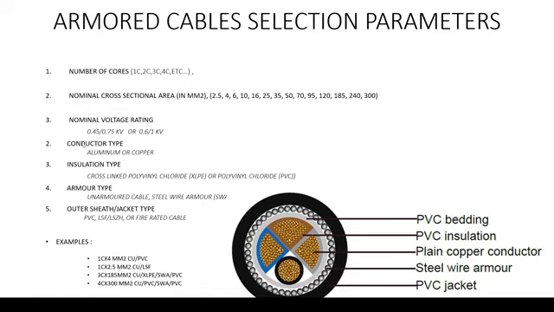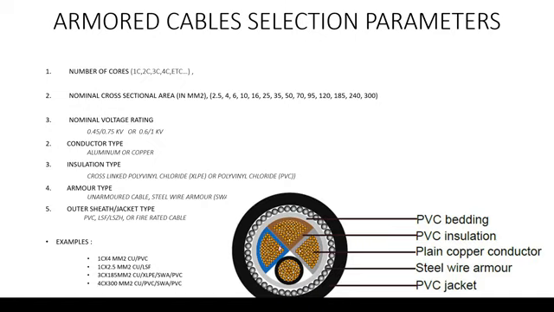Then the conductor type, as we mentioned earlier, which is the inner part here. This is either aluminum or copper. Then the insulation type, it's either cross-linked polyethylene XLPE or polyvinyl chloride PVC.